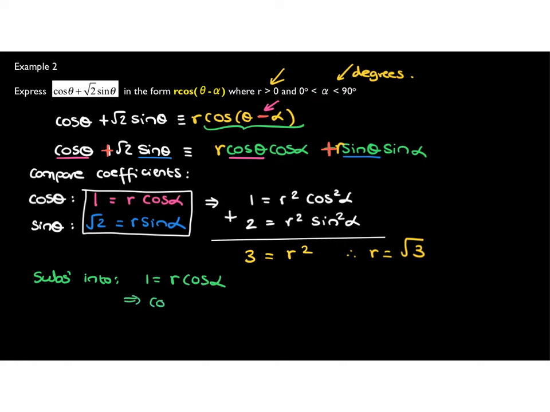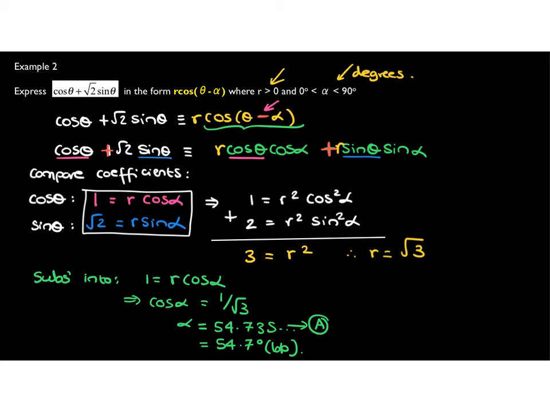So that gives me cos alpha equals 1 over root 3, and I'm working in degrees. What do I get? Arc cos 1 over root 3 is 54.735, and I'll store that in a calculator memory, and we'll round that to 1 decimal place just for the moment.